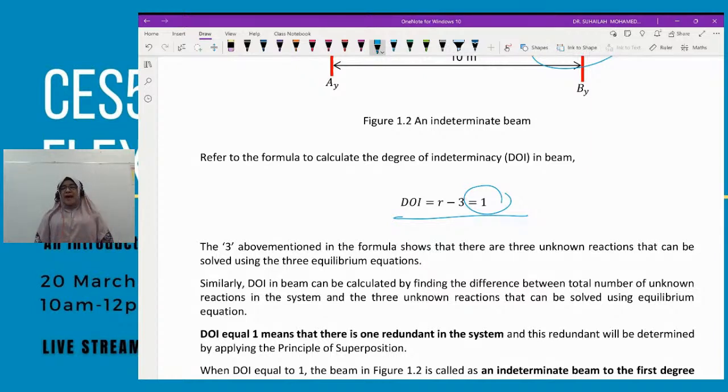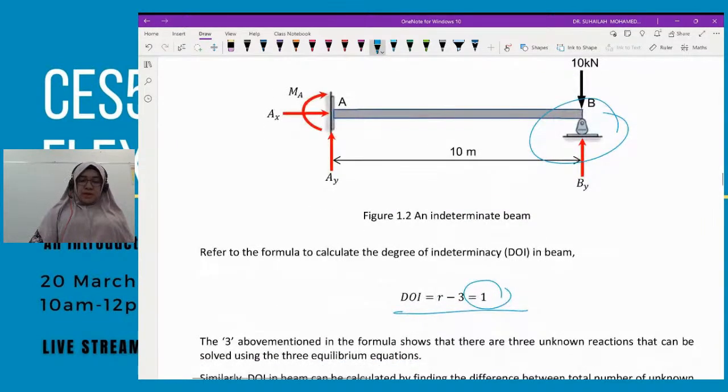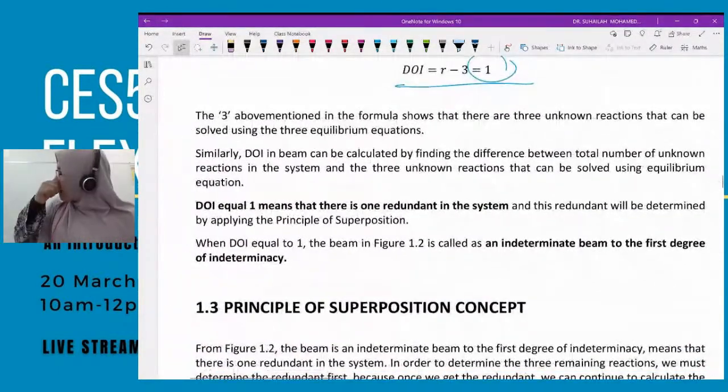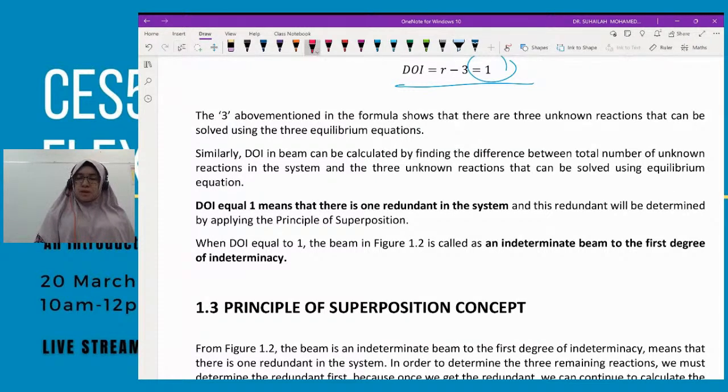It means that we have to remove one reaction from this beam. Okay, can you see it there? I have explained the 3 mentioned in the formula shows that there are 3 unknown reactions that can be solved using 3 equilibrium equations.